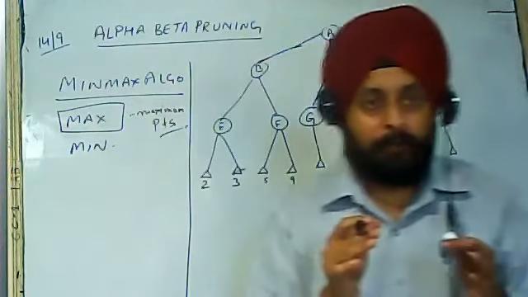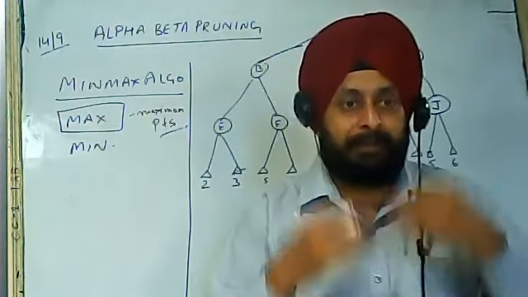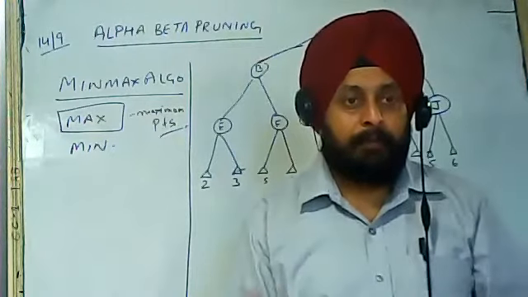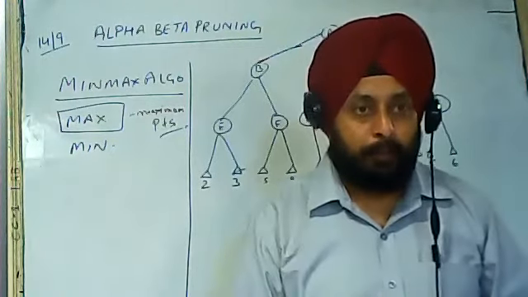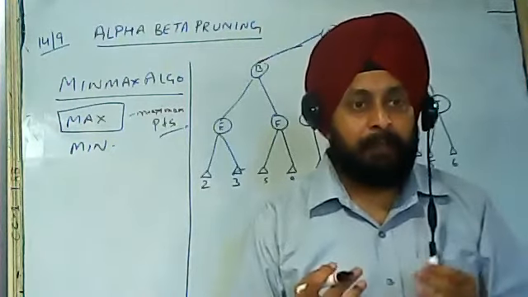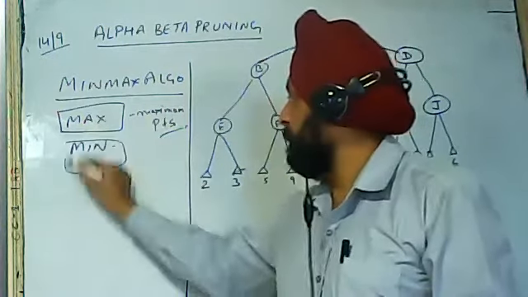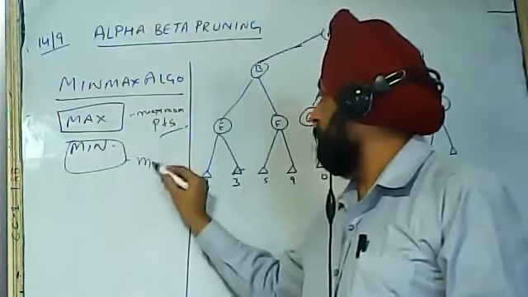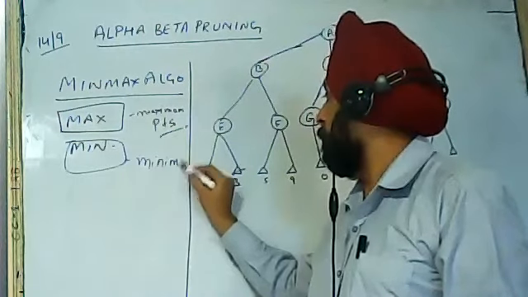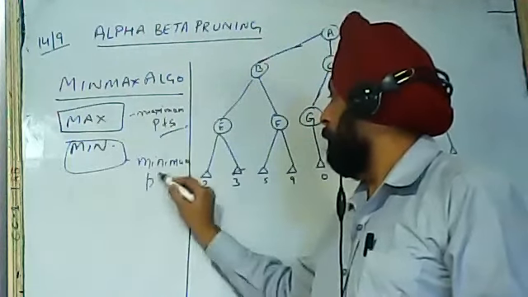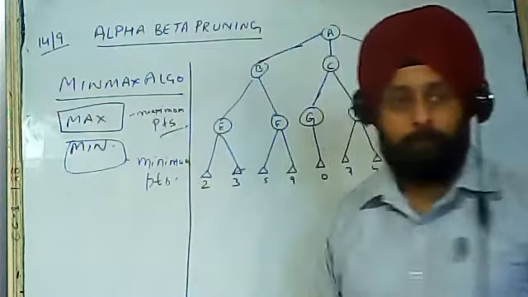Now min also has moves on the basis of the max move. So min will also have plausible moves. Min will select that move that will fetch minimum points to max. Min will not go for that move which will fetch maximum points to min. No, min will select that move that will fetch minimum points to max.